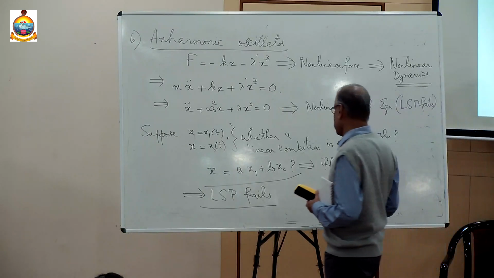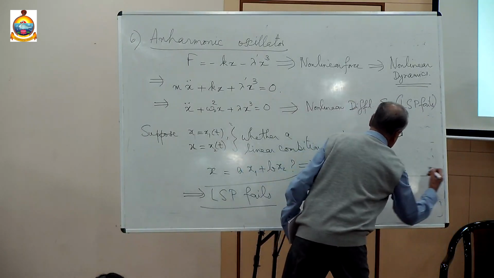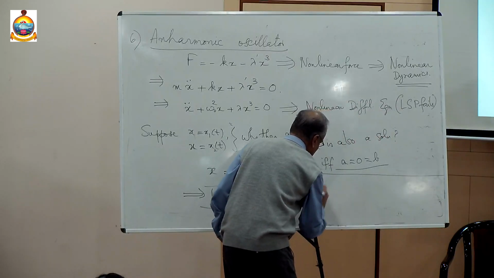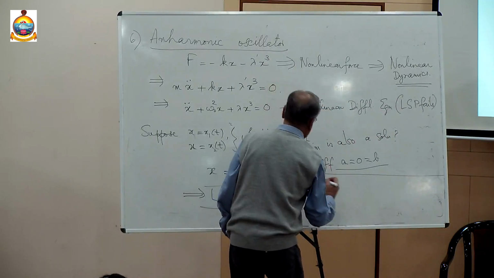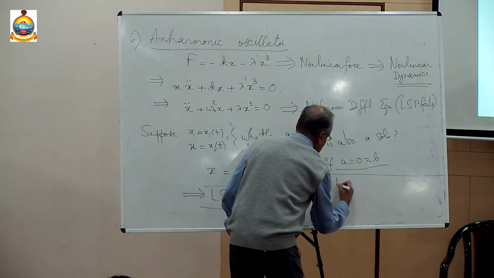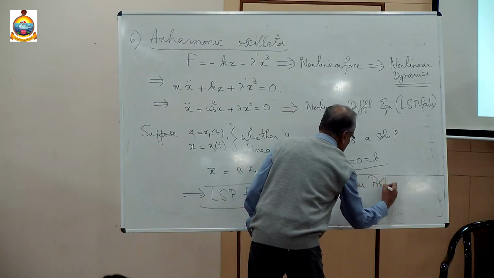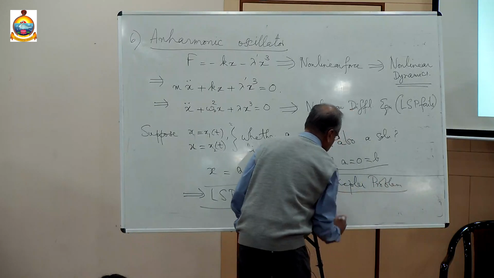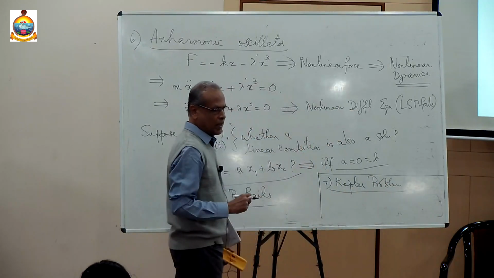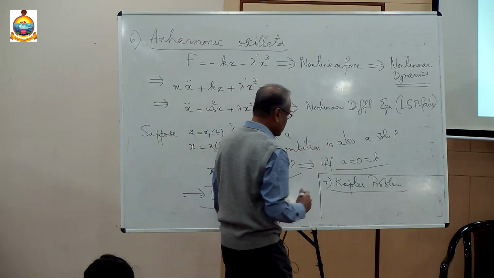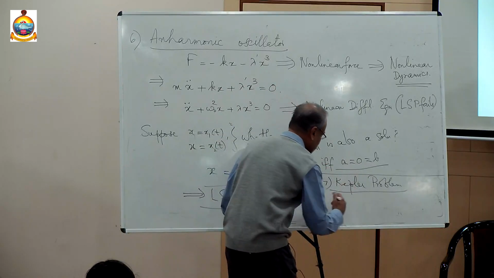Well, the Kepler problem is a typical example of a nonlinear differential equation. What is the dynamical equation for the Kepler problem? You have a planet moving around in the force field of the sun.